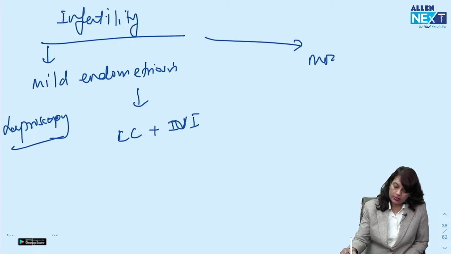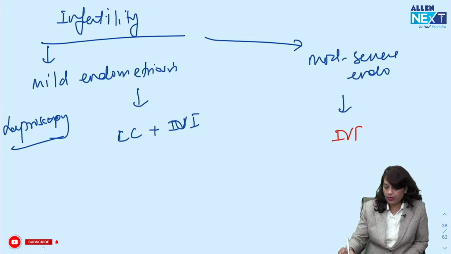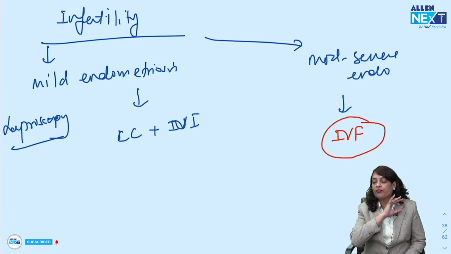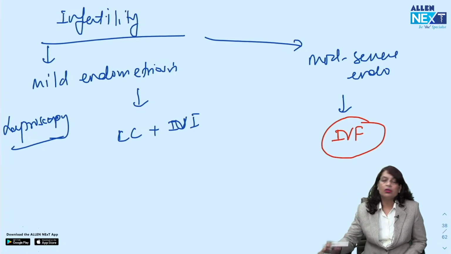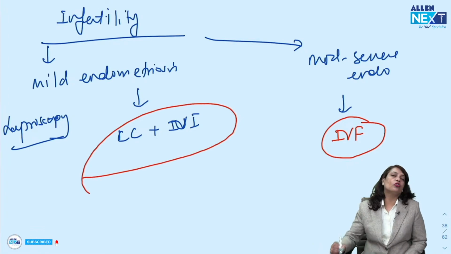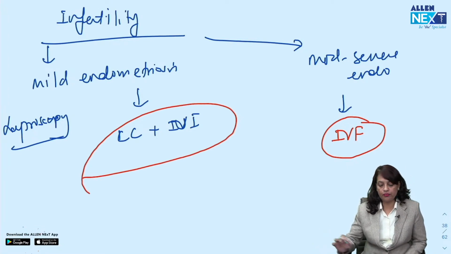If it is moderate to severe endometriosis, the treatment of infertility is IVF, because there are very dense adhesions. If you try to do the adhesiolysis, you will cause bladder and bowel injury, so better not try that. You can just offer her IVF, in vitro fertilization.